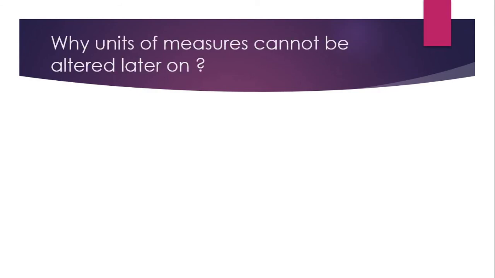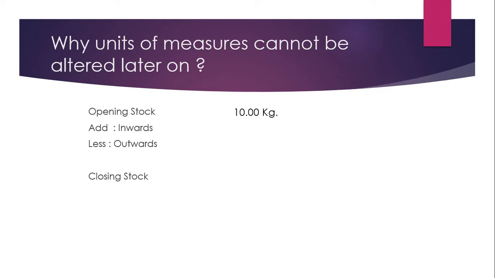Once the unit of measures are selected or allocated for the stock items, these cannot be altered later on. The reason behind this is, suppose the opening stock is maintained in kg.